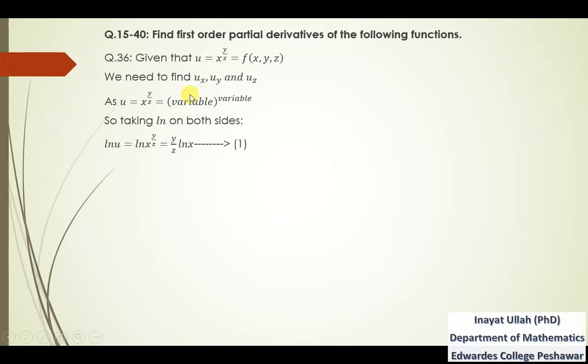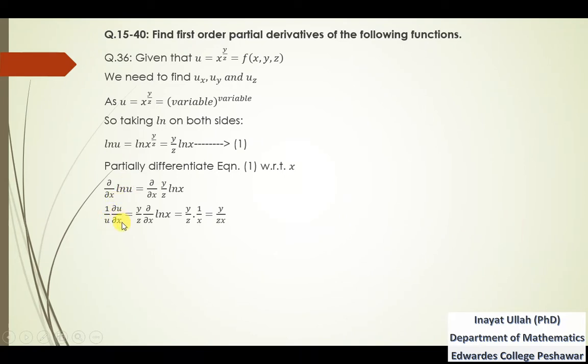So first of all we will partially differentiate the function with respect to x. So partially differentiate equation 1 with respect to x, del by del x of log of u, del by del x of this whole function. Now the partial derivative of log of u with respect to x can be written as 1 by u del u by del x. y by z is constant here, so it stays outside the derivative, and that is the partial derivative of log of x with respect to x.